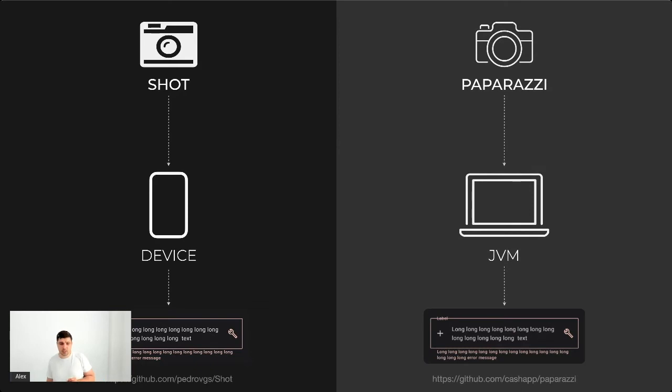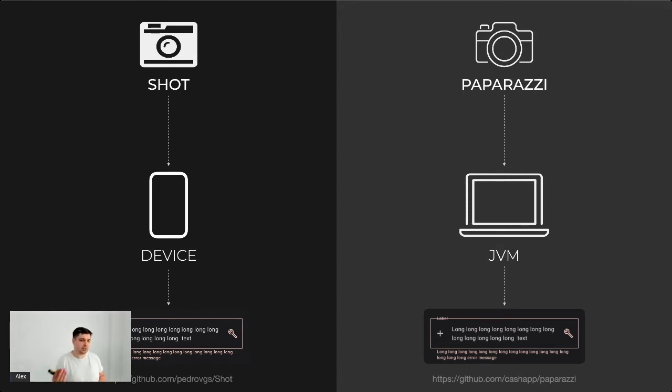As you can see, with Shot it was rendered properly, but with Paparazzi we can see an issue in rendering, because our label text overlaps the whole border. It's a small issue.